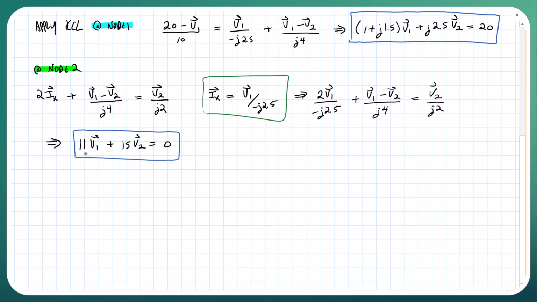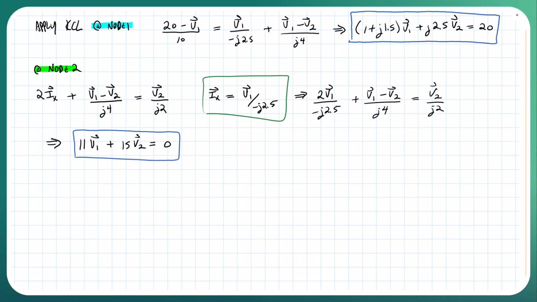Now there are a couple ways to solve for this. We can use Cramer's rule, or we can just do old-fashioned substitution. So I'm going to do the old-fashioned way, which is a little bit longer but a little easier to see. Again, it's your choice which way you want to apply this.